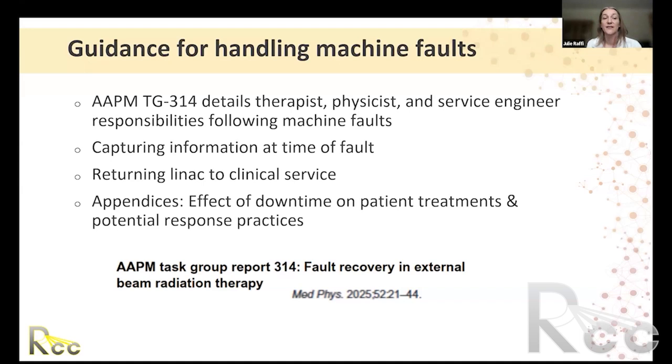There's also some good guidance in the appendices of this report on the effective downtime on patient treatments. It has some example EQD2 calculations if you have extended treatment breaks, and then potential responses, like moving patients to a different treatment machine or a different treatment site, and how different clinics handle these types of interruptions. So that's a good resource to look at about treatment interruptions.